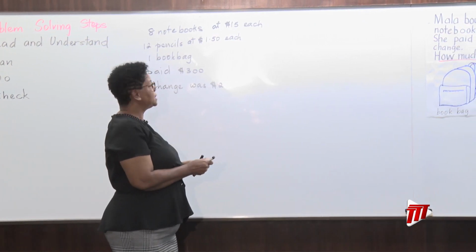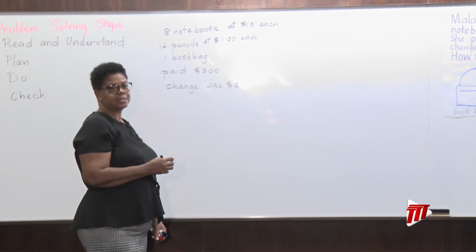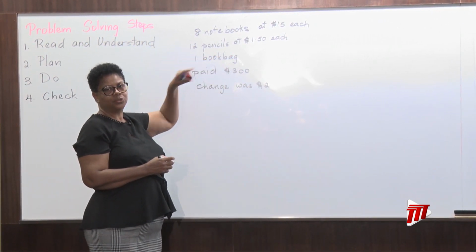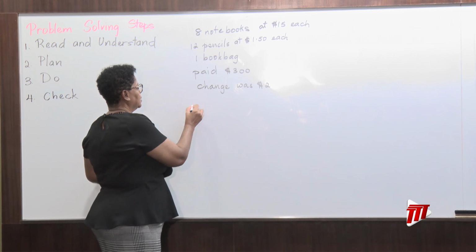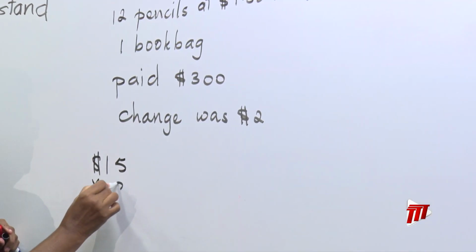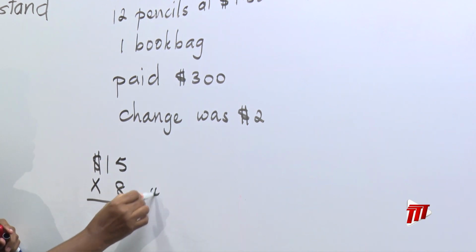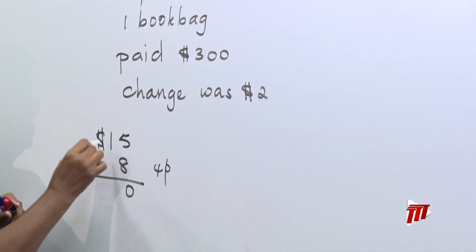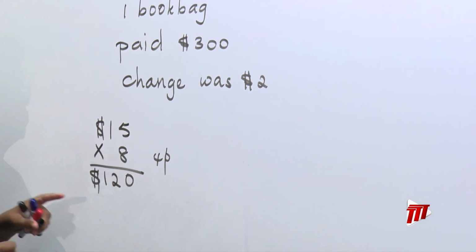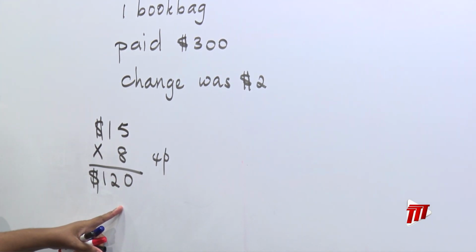So we are going to write down our number sentence and we are going to solve. 8 notebooks at $15 each using the unitary method. 15 multiply by 8. 8 5s are 40. 8 1s are 8 and 4 is 12. So the notebooks cost $120.